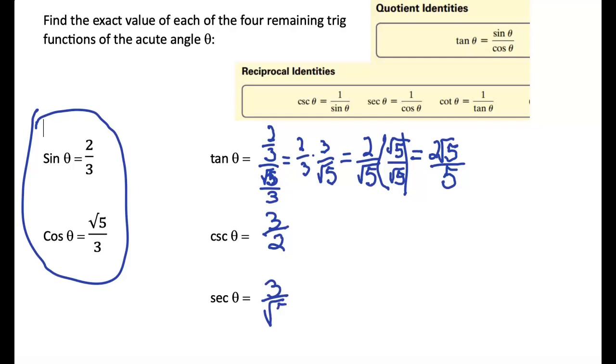However, here again, we don't want to leave that radical in the denominator, so we're going to rationalize this denominator, and our answer ends up being 3 square root of 5 over 5.